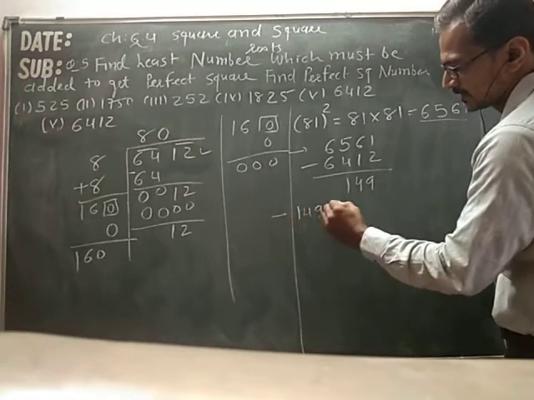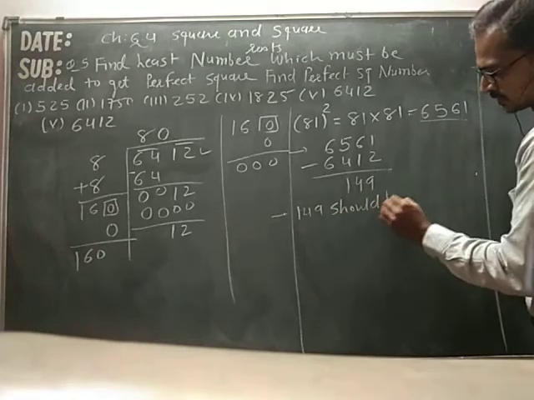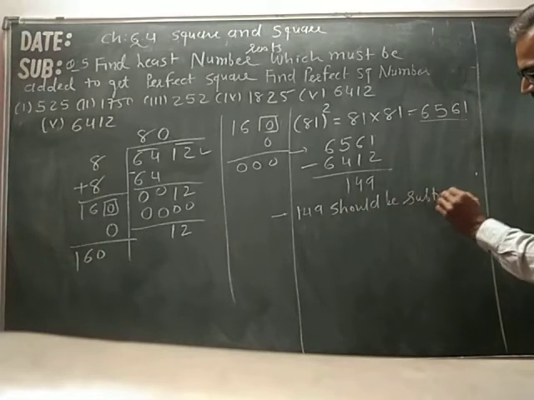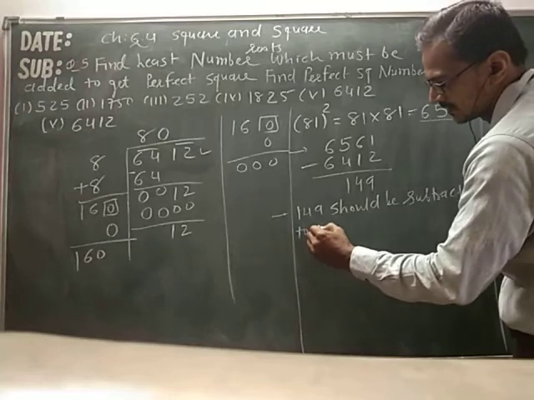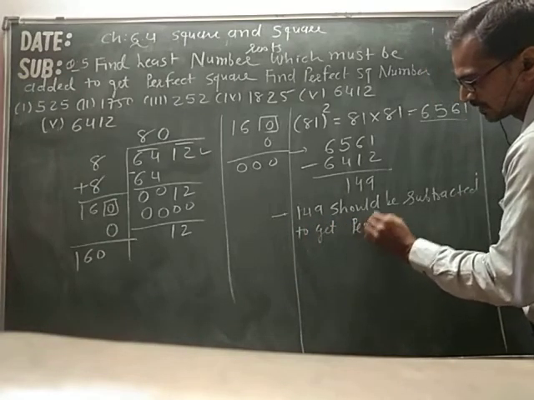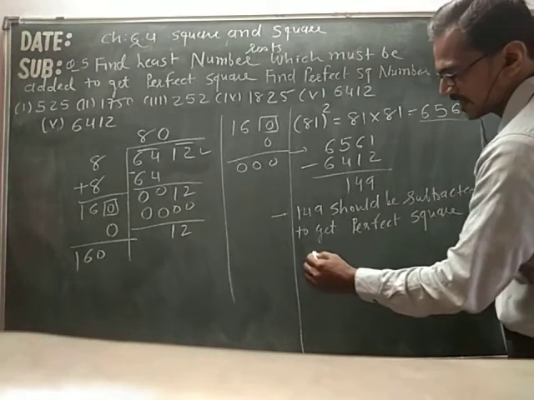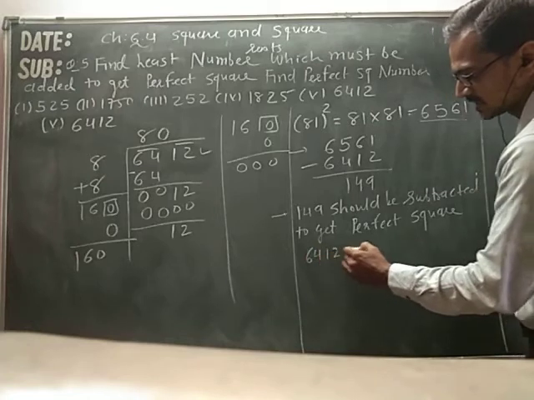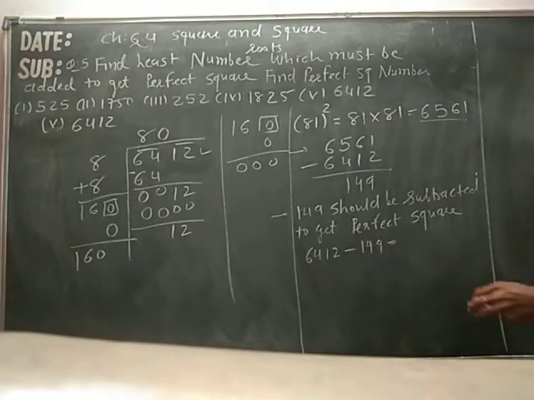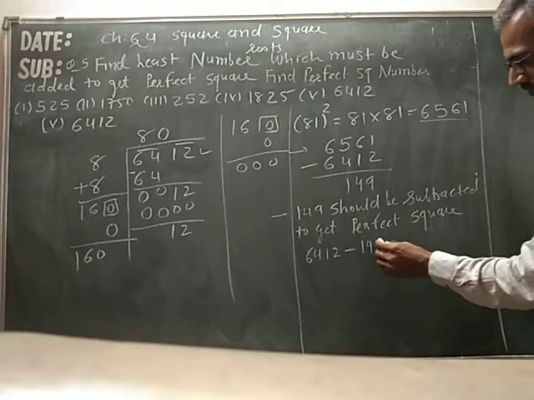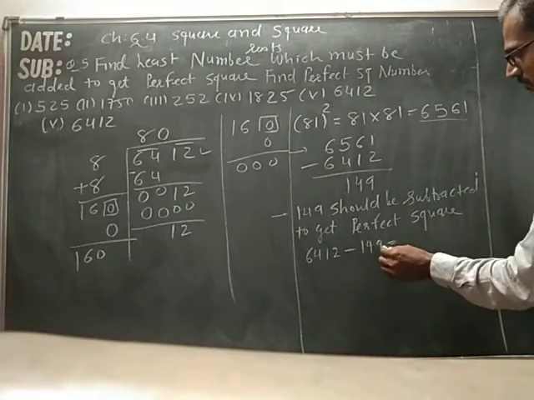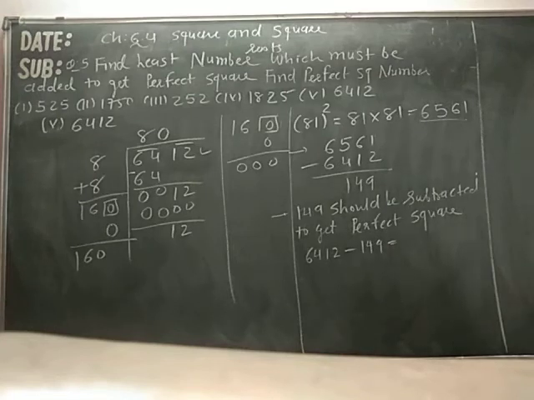So 149 should be subtracted to get a perfect square. As I subtract 149 from 6412, I will get. No, we have to add, not subtract. It should be added.